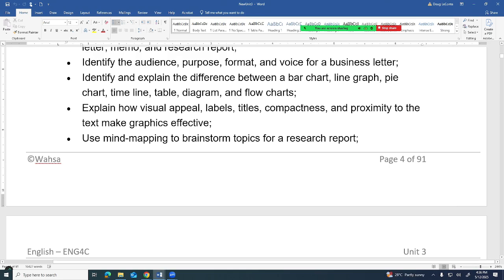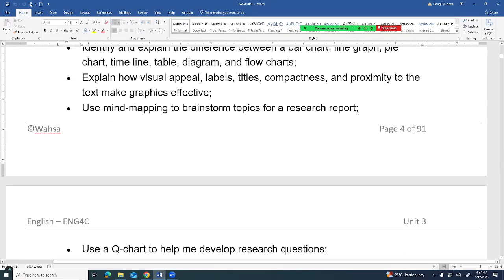These are all visual elements that help explain abstract ideas that will come across in our text when we go to college, or that we may have to use to explain something in one of our essays. You're successful when you can explain how visual appeal, labels, titles, compactness, and proximity to the text make graphics effective.